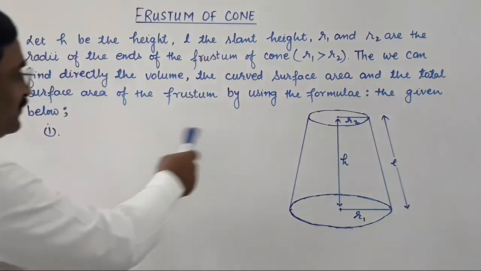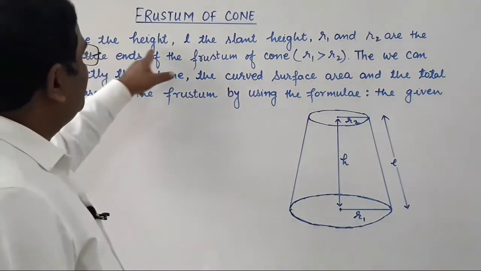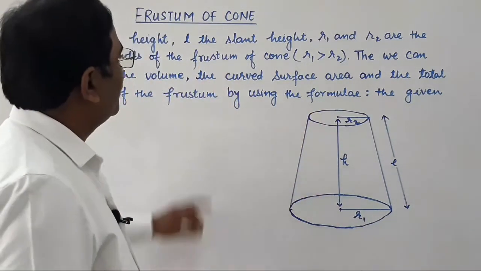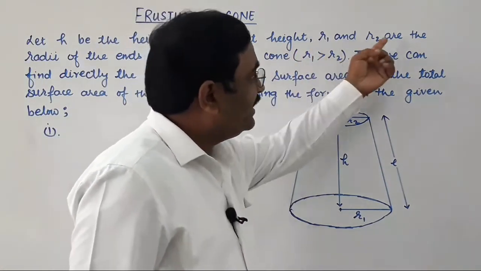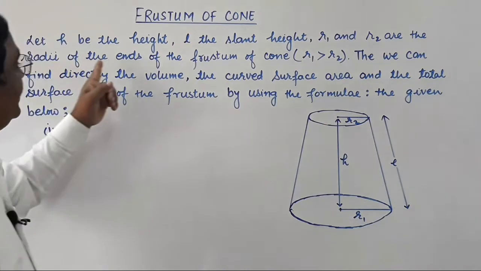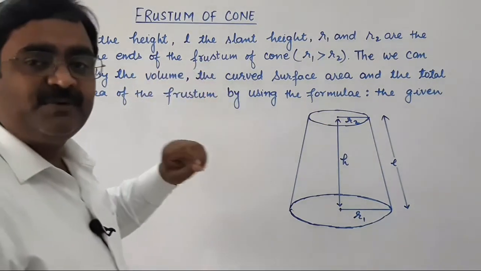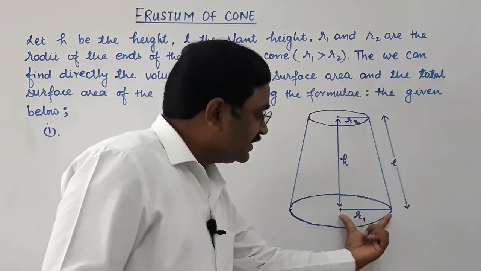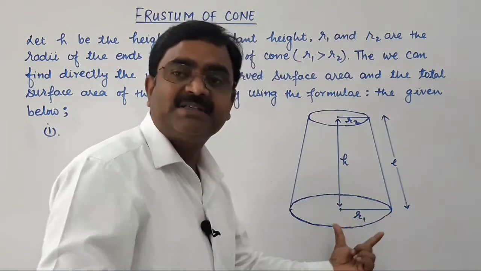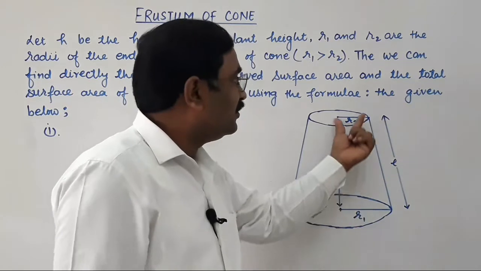So in this figure, let H be the height of this frustum, L the slant height, R1 and R2 the radii of the ends of the frustum of the cone, where R1 is greater than R2, meaning the base radius is greater than the top radius.